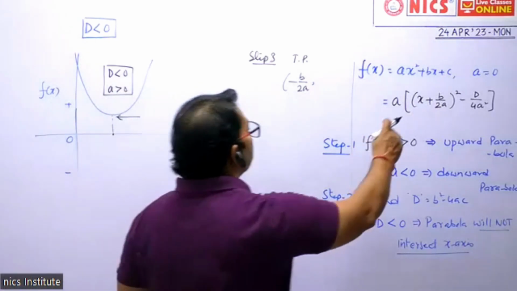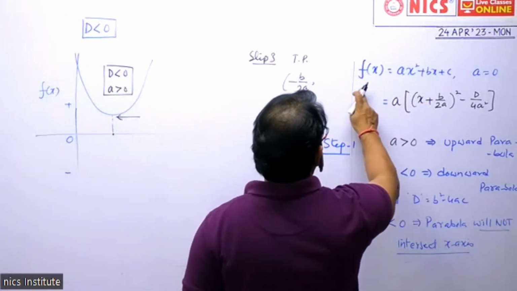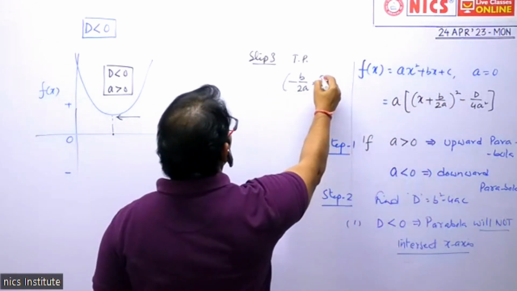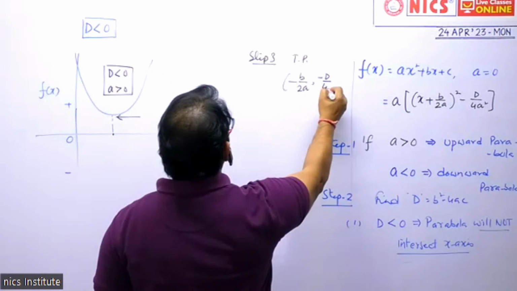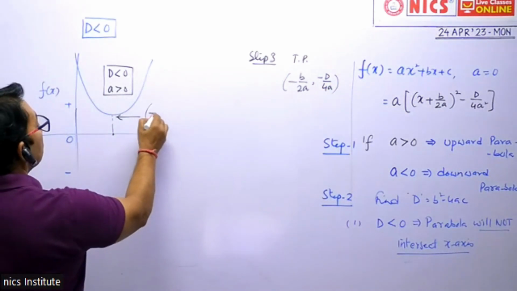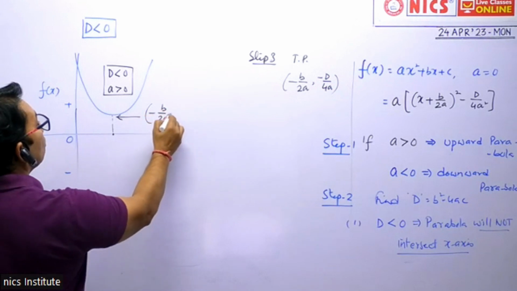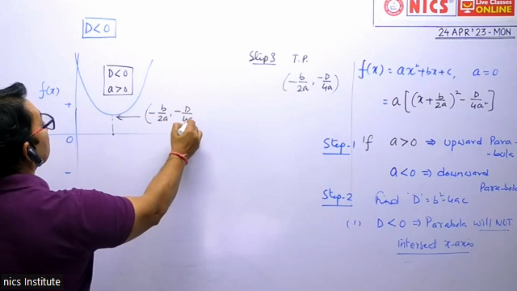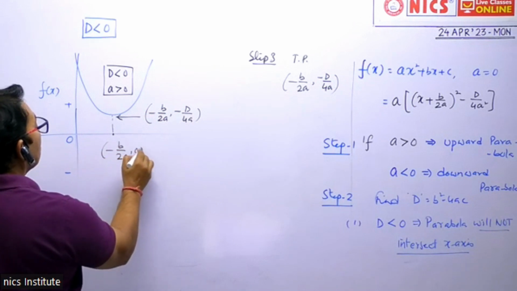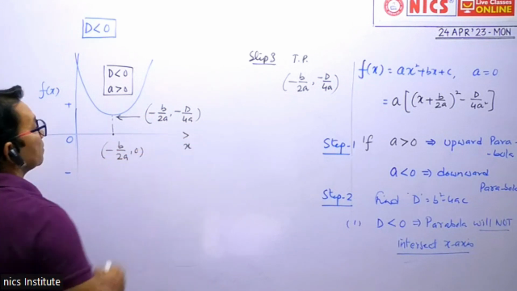When x is minus b by 2a, f of x will become minus D by 4a. So the turning point is minus b by 2a, comma, minus D by 4a. And this point would be minus b by 2a, comma, 0, because it lies on the x-axis.